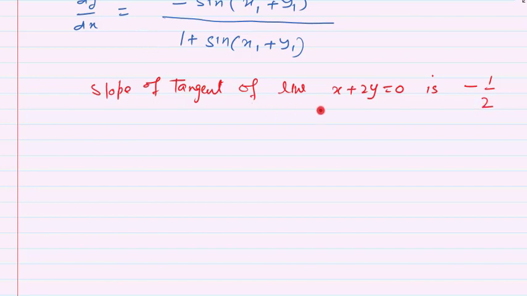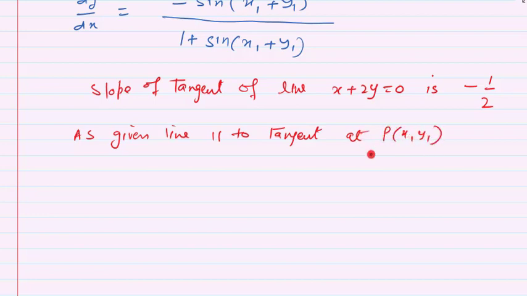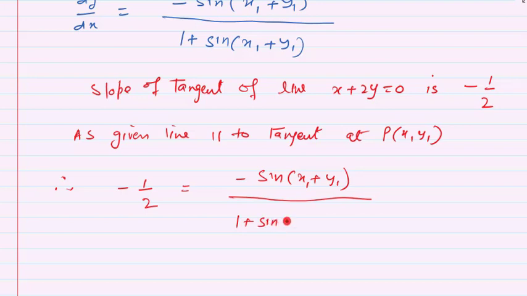So as this given line is parallel to the tangent at P(x1, y1), therefore we have the two slopes equal, that is minus 1 upon 2 is equal to minus sin(x1 plus y1) upon (1 plus sin(x1 plus y1)).